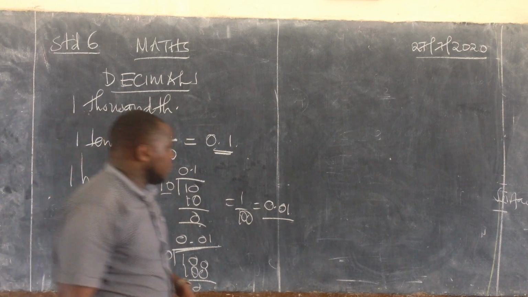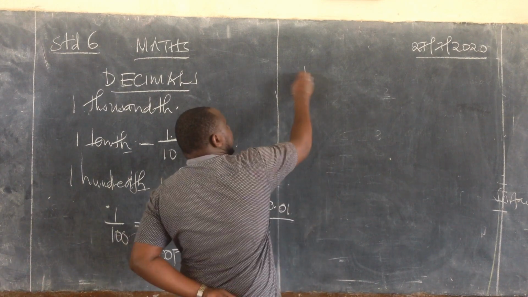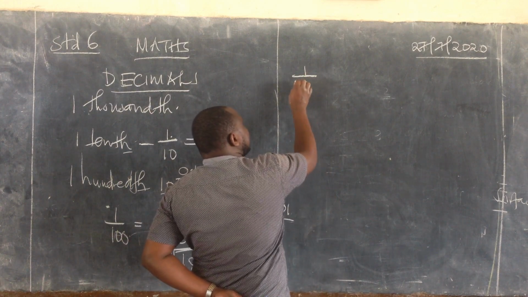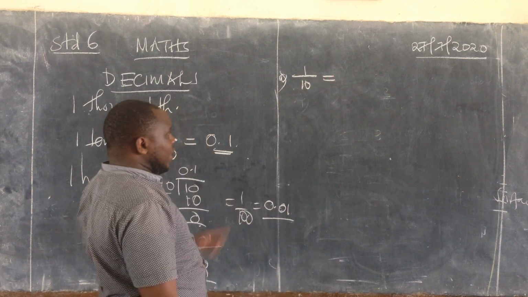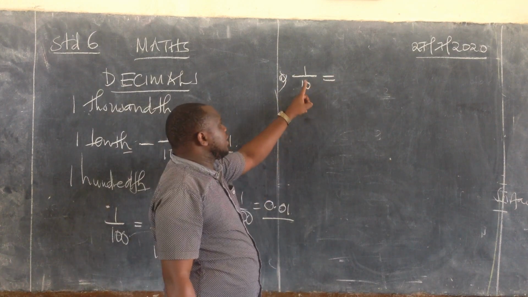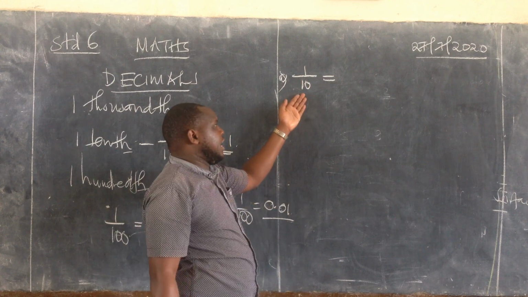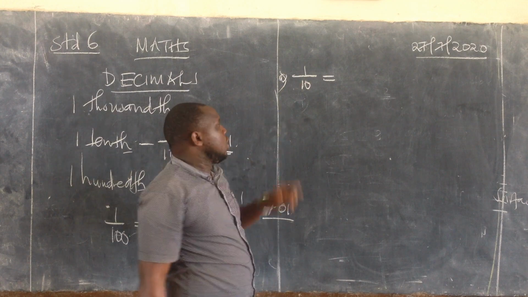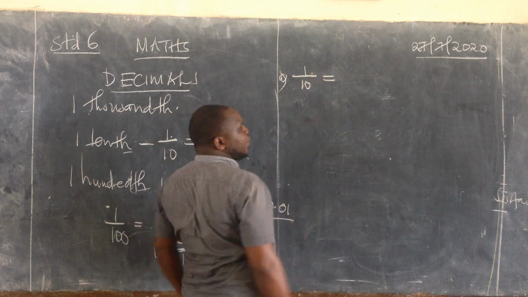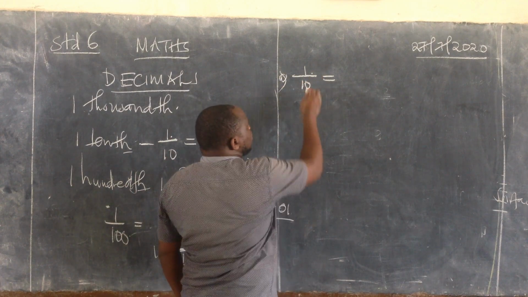But there's another way of writing this without dividing, which I'm going to show you. We talked about 1/10. How do we write this as a decimal? When you want to write this as a decimal, you just count the number of zeros. How many zeros are here? Only one 0. You don't count the 1, count the 0. So the decimal point is going to move back.